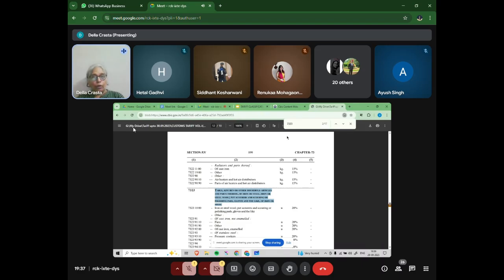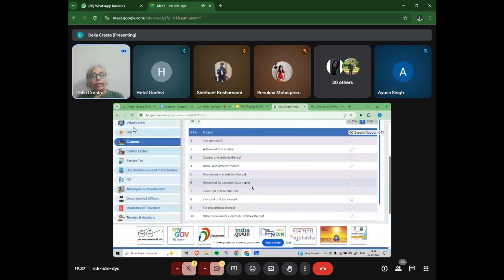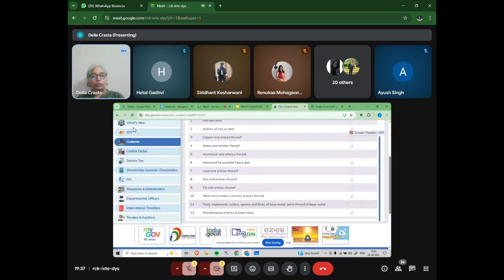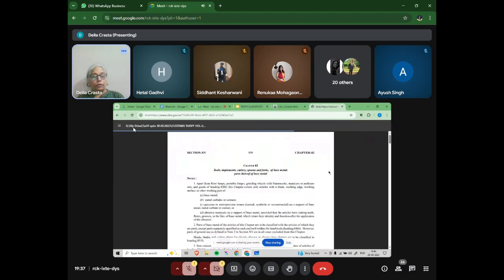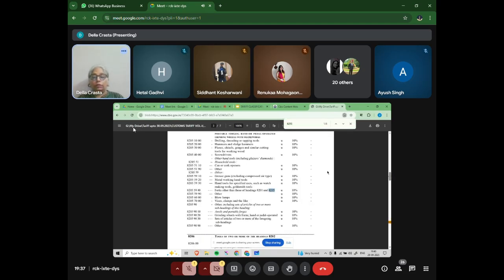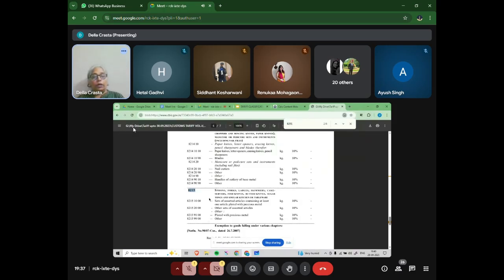Okay, now let us go to chapter 82, which is tools, implements, cutlery. In 8215, now you see what the heading is saying: spoons, forks, ladles, skimmers, etc., and similar kitchen or tableware.